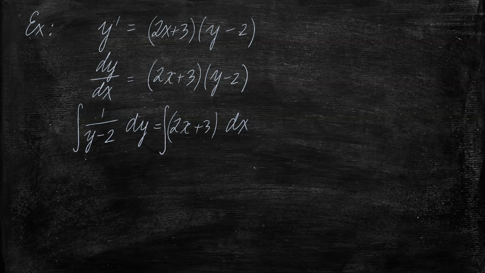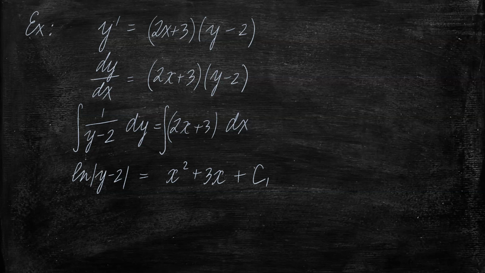And we proceed by integrating both sides. Here we have ln of absolute value of y minus 2, and here we have x squared plus 3x, and we only need one constant. So again, I'm going to call this c1, and this is the implicit form of my solution.